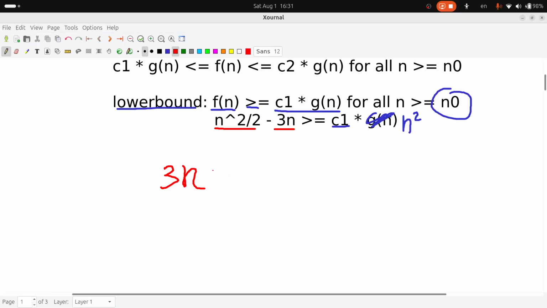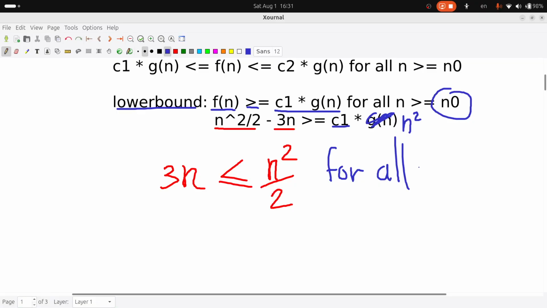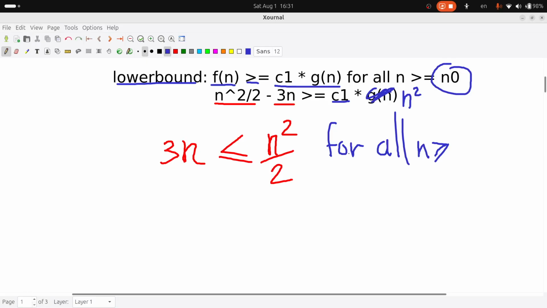So I say that 3n is less than n squared divided by 2 for all n greater than... let me see.